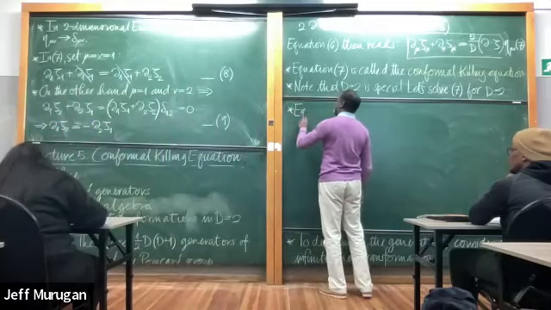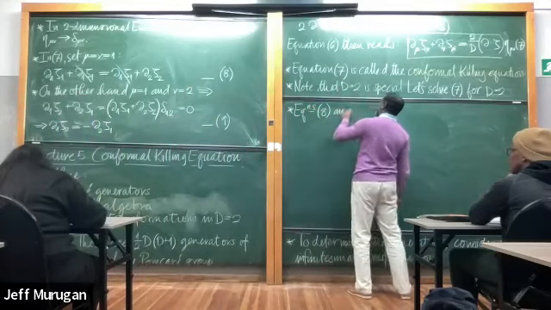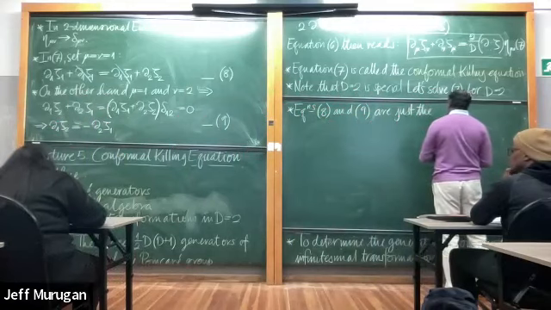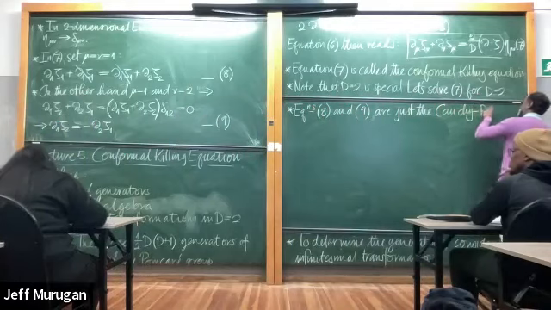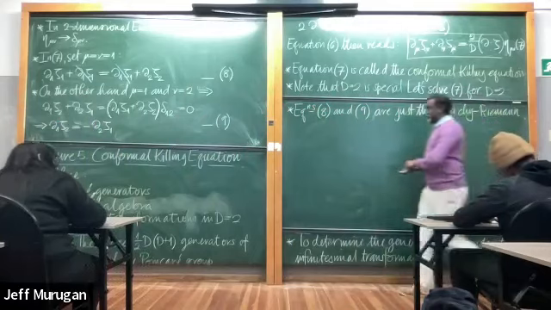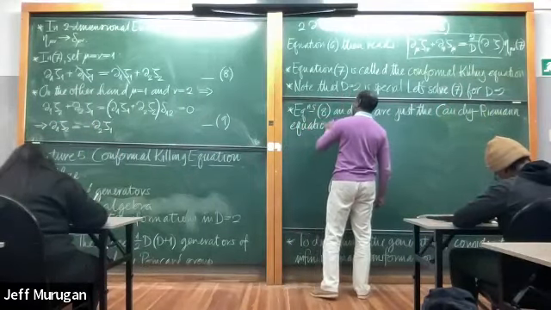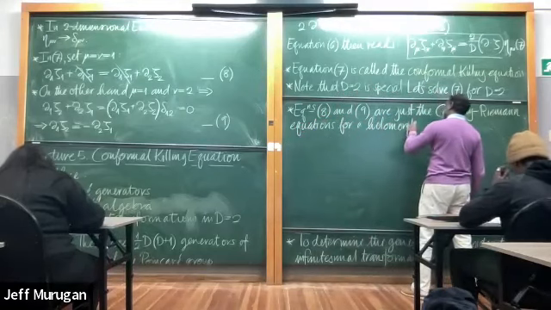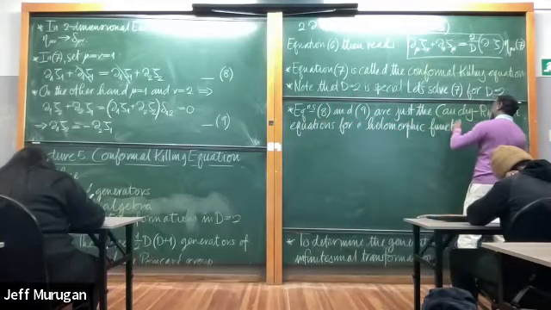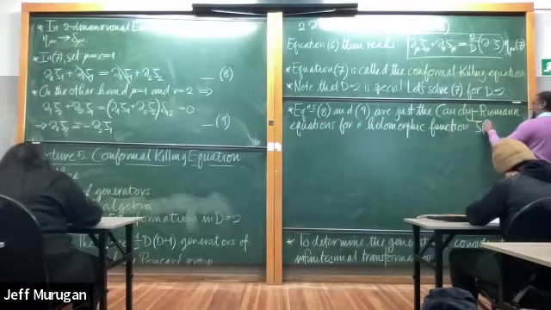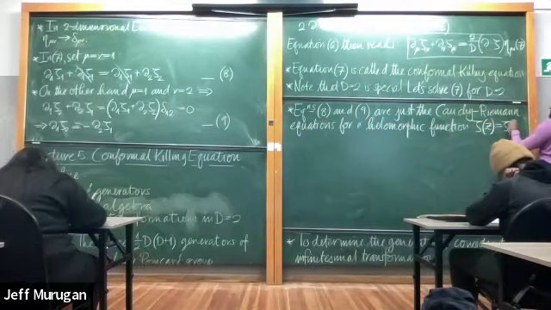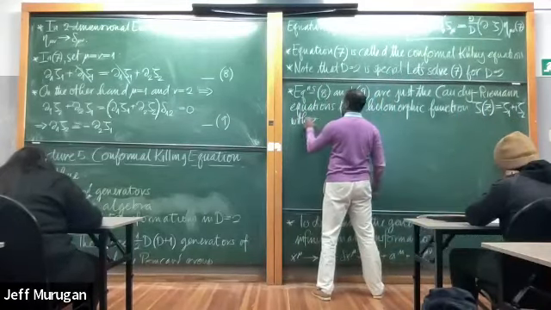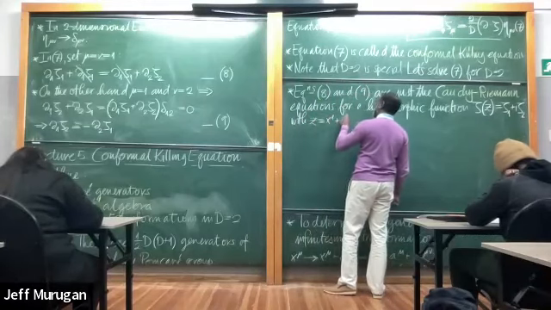So equations 8 and 9 are just the Cauchy-Riemann equations for a holomorphic function theta of z equal to theta 1 plus i theta 2, with z equal to x1 plus i x2.